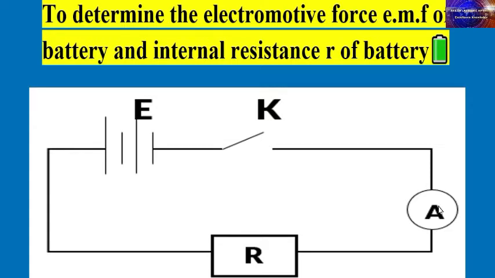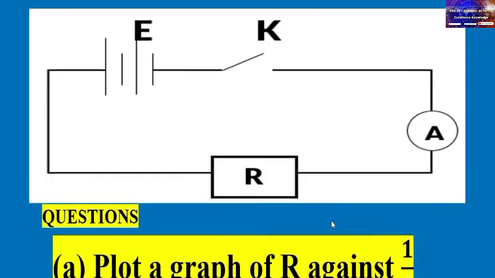And we have an ammeter to record the current. So our table will involve the resistance and the current flowing through the circuit. That is our circuit, and you have to know how to draw it according to the apparatus you have been provided.